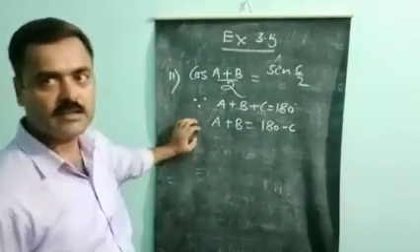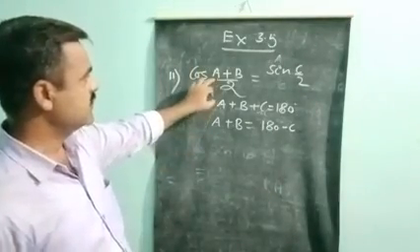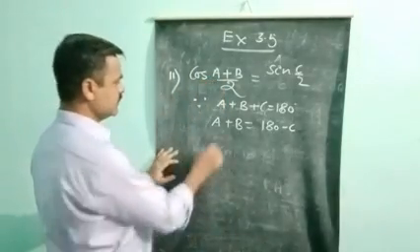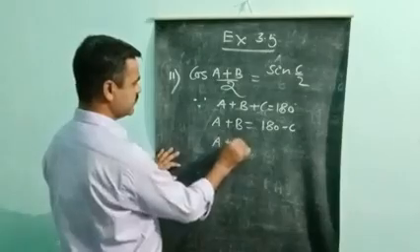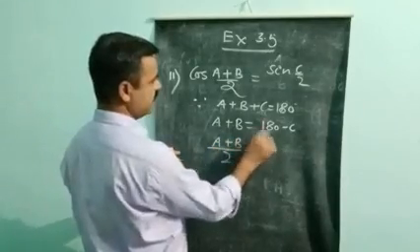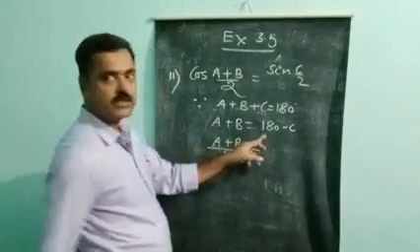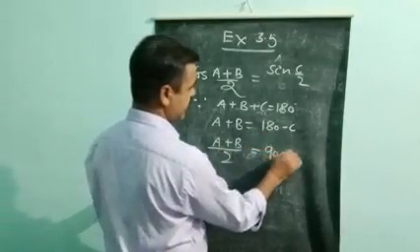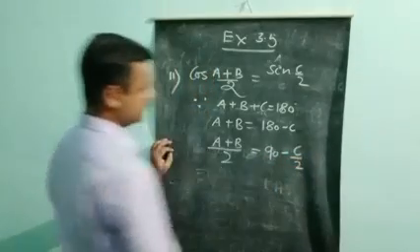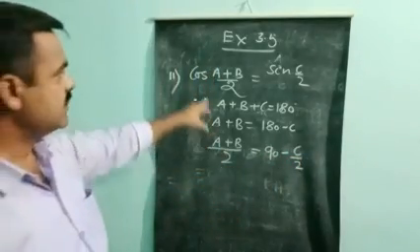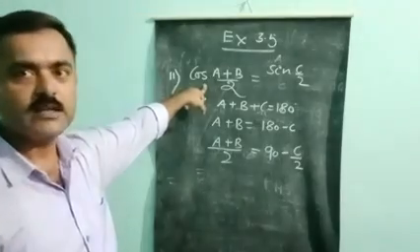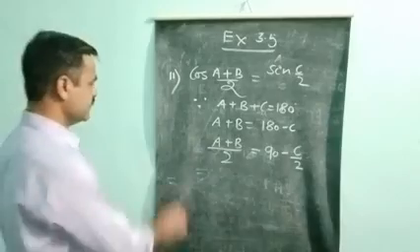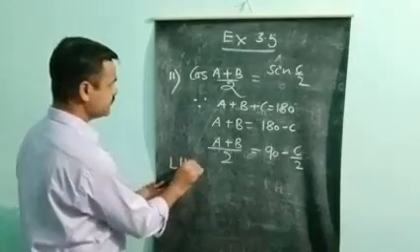Here again, since it is required A plus B by 2, just divide by 2. So A plus B total divided by 2 equals 180 divided by 2, 90 minus C by 2. So in the LHS put (A plus B) by 2 equals 90 minus C by 2. So here is the LHS.